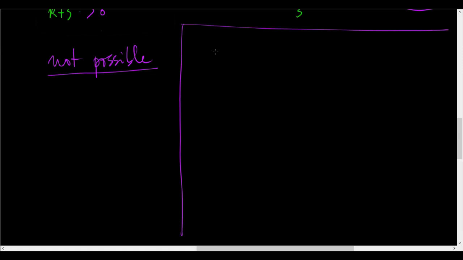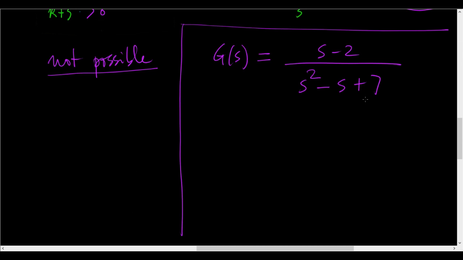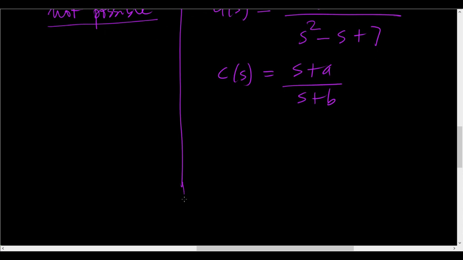suppose I have g of s is equal to s minus 2 by s square minus s plus 7. Okay, and then I have c of s as s plus a over s plus b. All right, and then what I do is I have a closed loop transfer function which is kcg over 1 plus kcg.